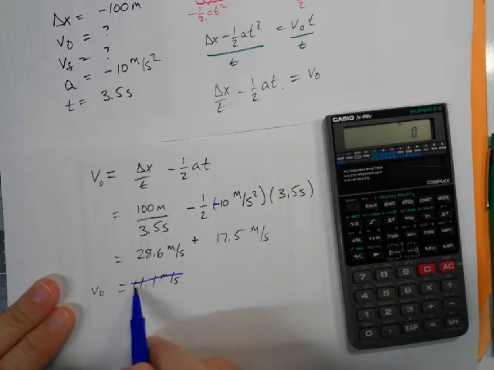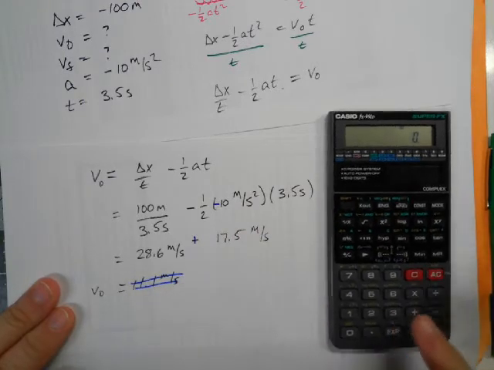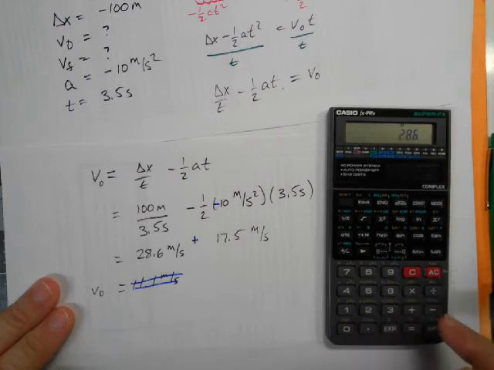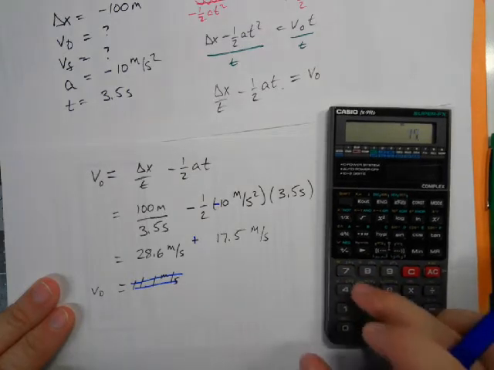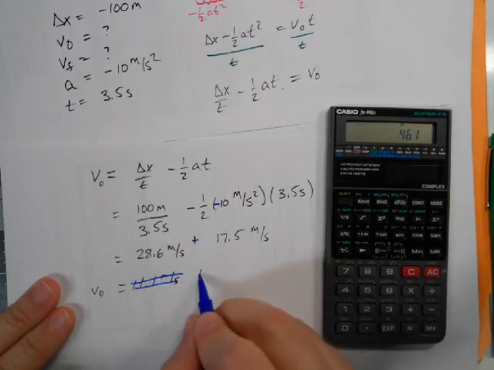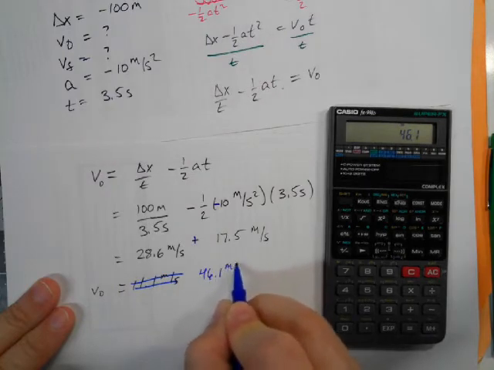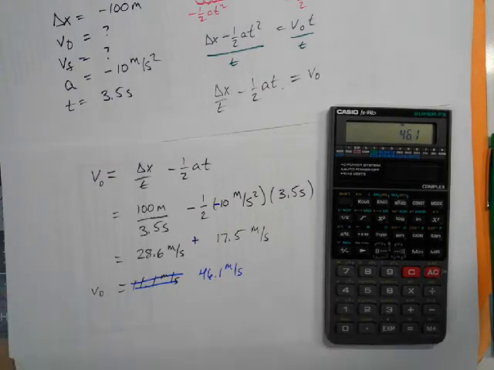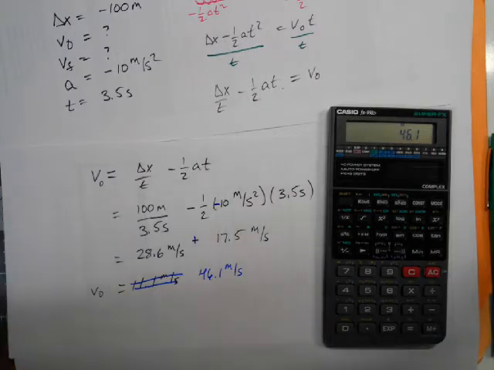And so this V initial is 28.6 plus 17.5 is 46.1 meters per second. Or is it? We check the other way around. Does this make sense to us?